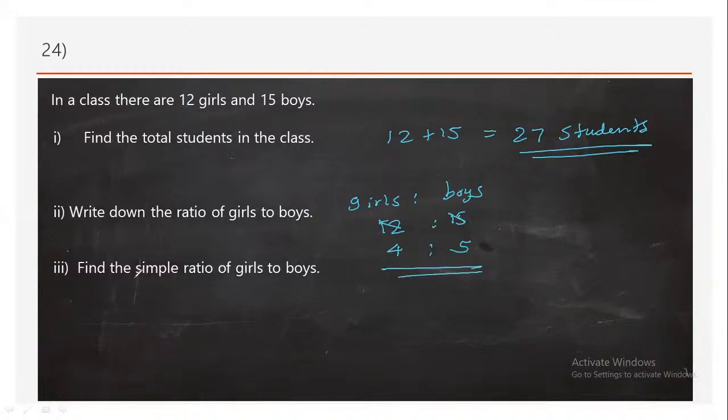Then find the simple ratio of boys to girls. Then change this. Boys 5, girls 4. 5 to 4.